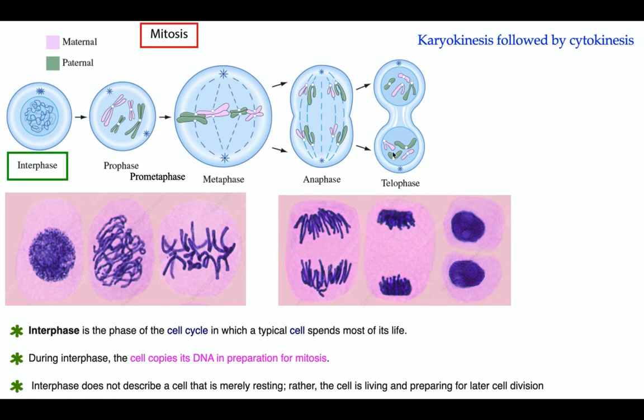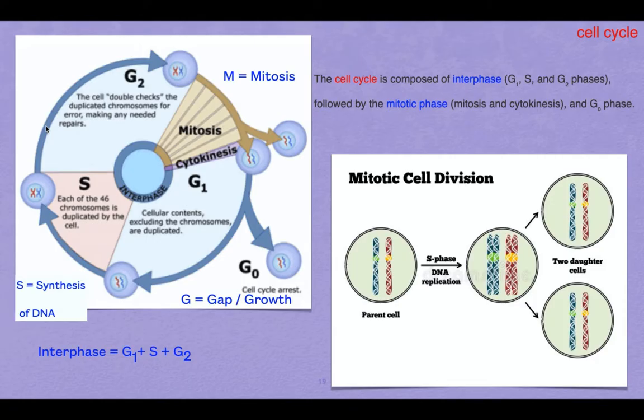This is an overview of mitosis. Interphase, in our previous slide we have seen G1, S and G2. Actually these 3 in total are called interphase. So cells don't rest during interphase, they are very much busy.